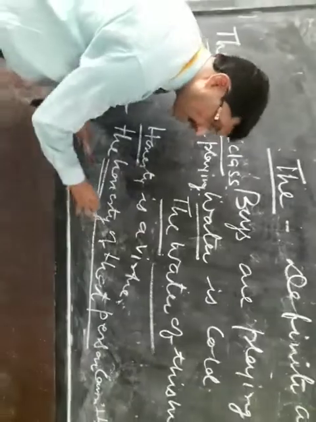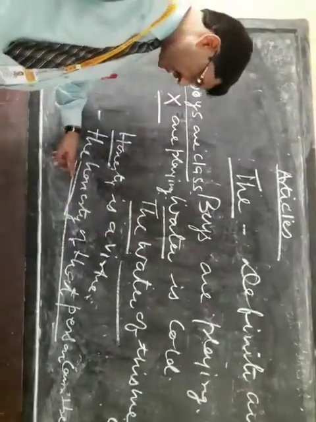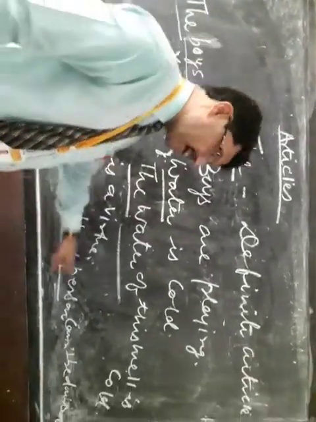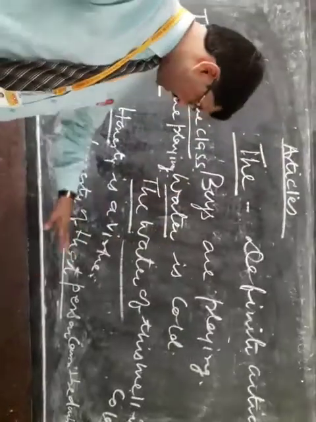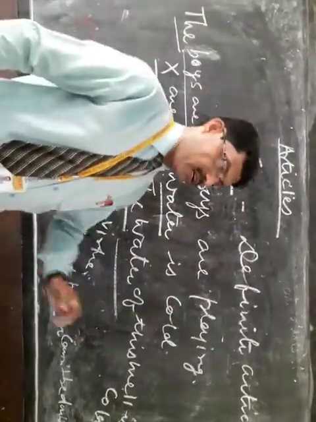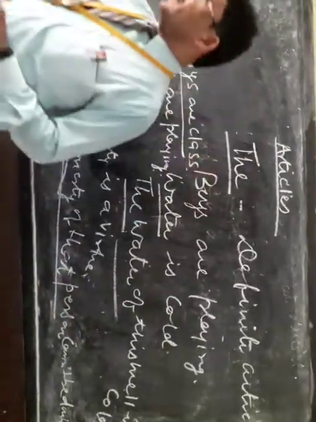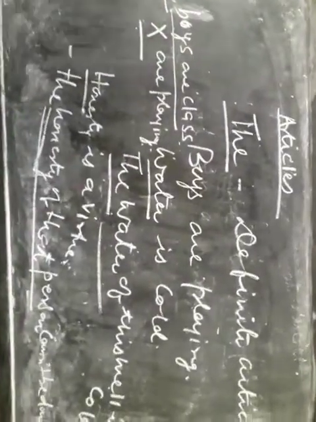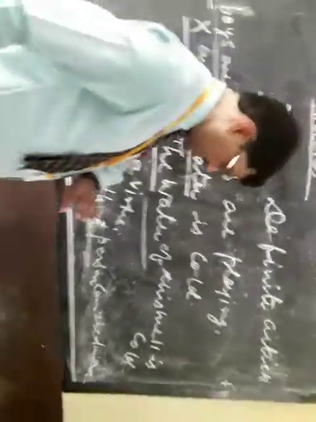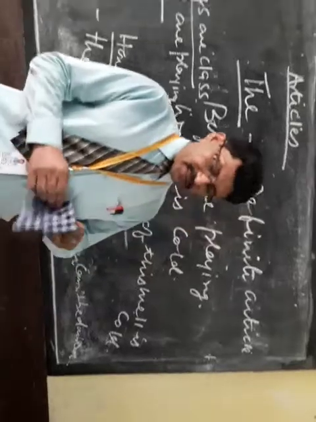The honesty of Mohan cannot be questioned. In this second sentence, honesty is a noun used in a particular sense, because it is the honesty of that person, the honesty of Mohan. So if any noun is used in a particular sense, we should use the article the before it.